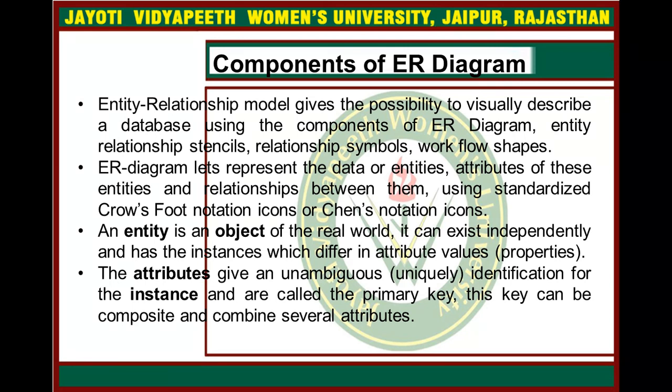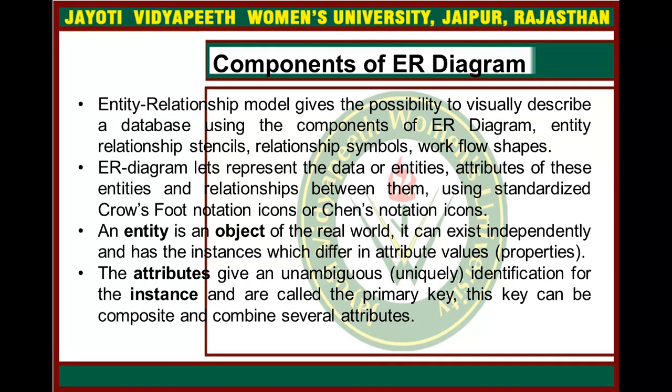This lets us represent the data or entities, attributes of these entities, and relationships between them, by using the standardized Crow's Foot notation icons, or you can say Chen's notation icons. An entity is an object of the real world which exists independently, and it has instances which differ in attribute values.